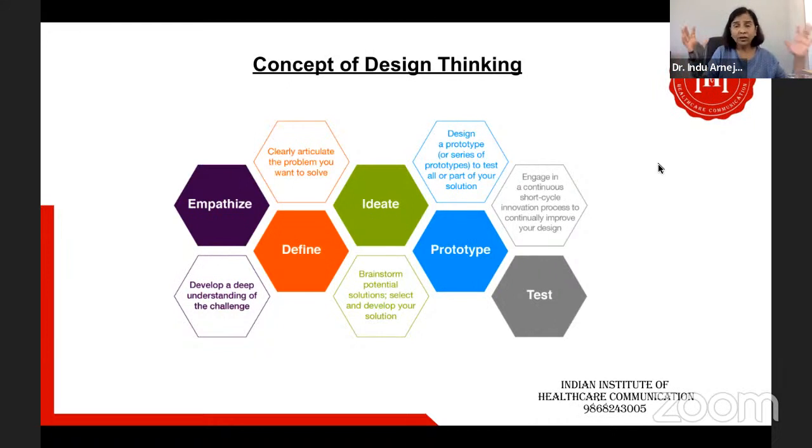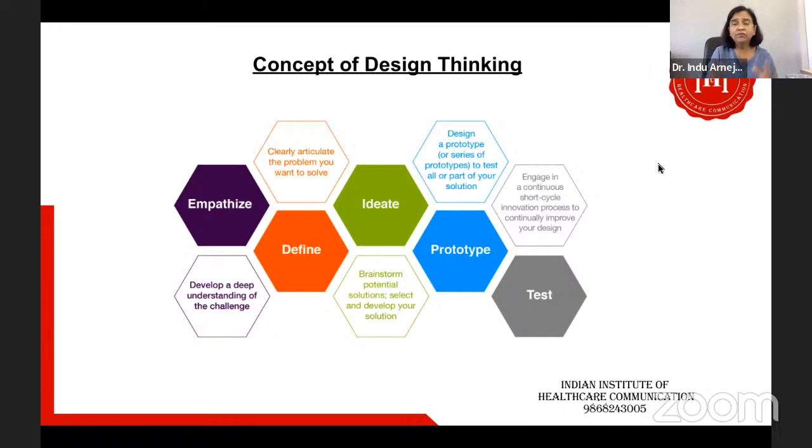No. As a team, you work together and find out the possible solutions. Brainstorming is a wonderful way to do this activity. I think one of you will be talking about brainstorming as a pedagogy, and you will get more understanding of brainstorming as a tool there. So ideate is basically to create ideas which could be potential solutions to the problem.